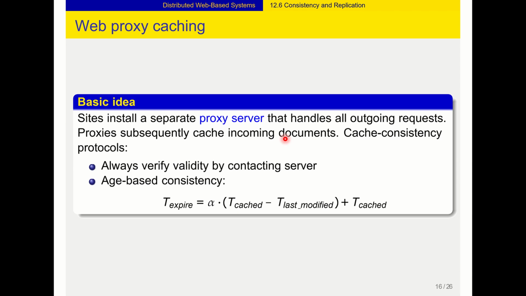Every time a document arrives, the proxy stores it in its cache, so future requests can be served faster.